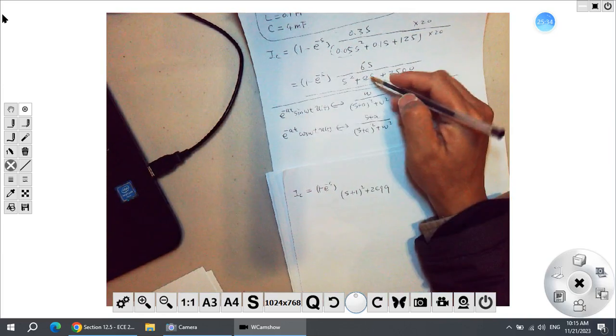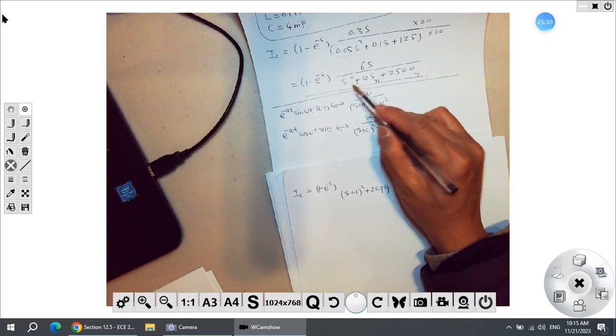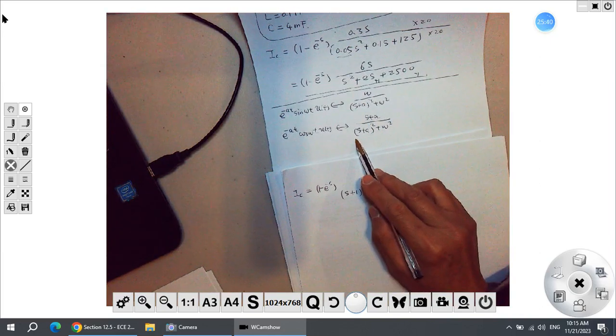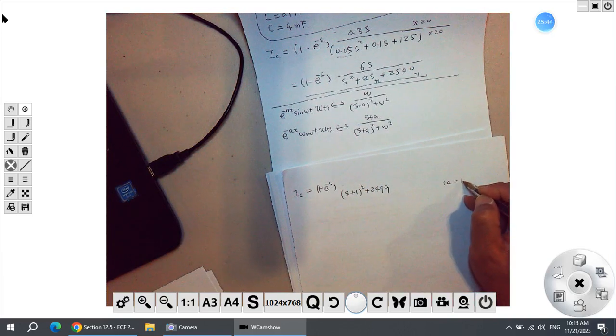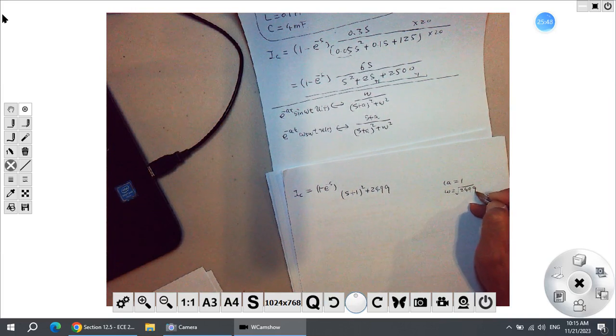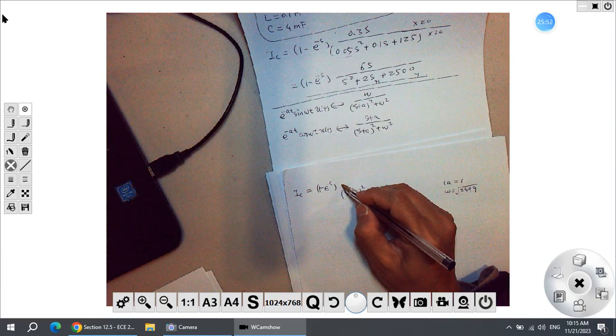Plus 1 here, minus 1 here. This is s plus 1 squared, the same as s plus a squared. So that means a is 1, and omega is the square root of 2499. It's almost 50, but a little bit smaller than 50.